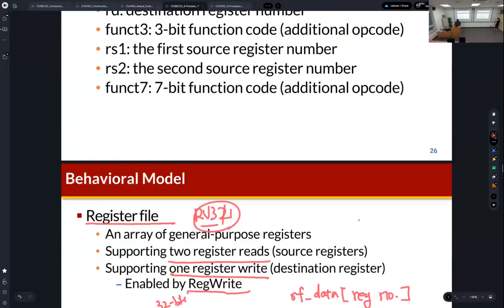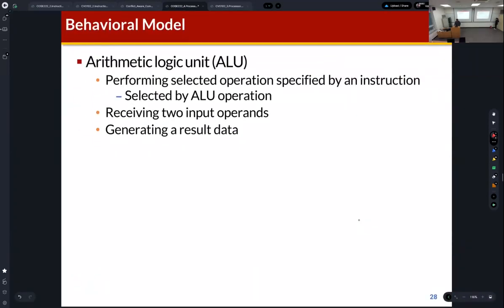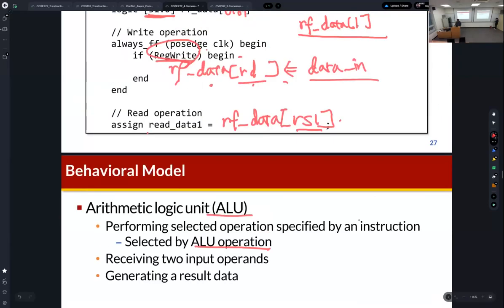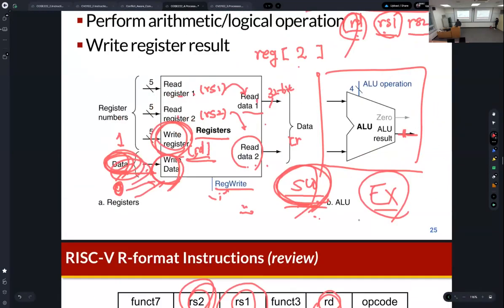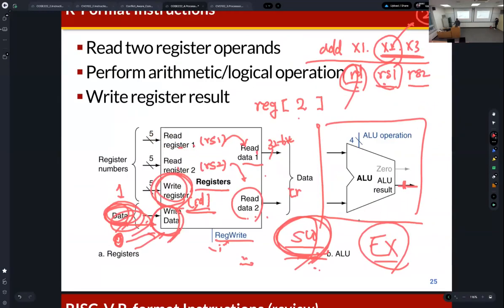The ALU is used for performing the required operation, such as add, sub, exclusive or, or some other logical instructions. Because the ALU needs to support different operations, these operations are selected by the ALU operation control signal.